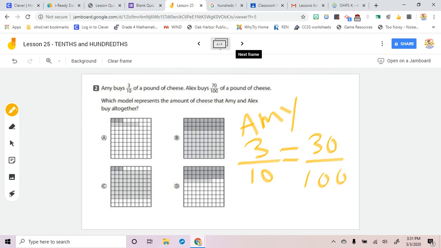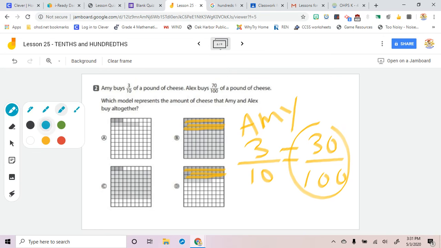So which one of these models shows that? So I see 3/100 and 3/100. So only these two show, because I see 10, 20, 30. So 3/10 or 30/100. And this one also shows 10, 20, 30. So it's got to be one of those two, because Amy had 30/100, 3/10 of a pound of cheese.